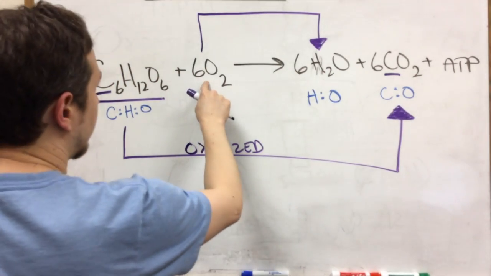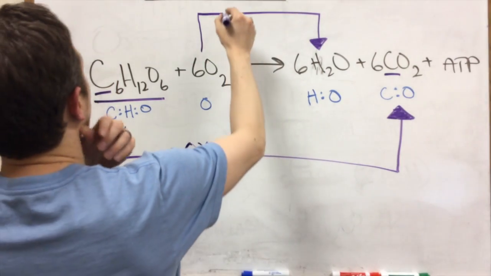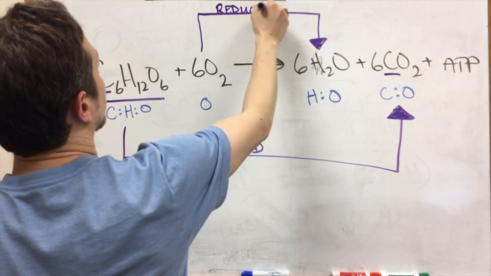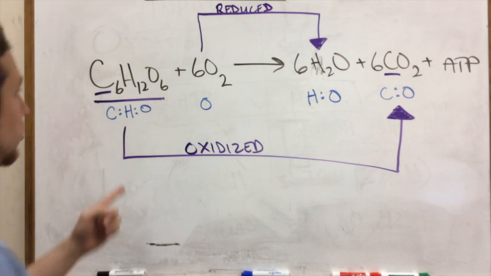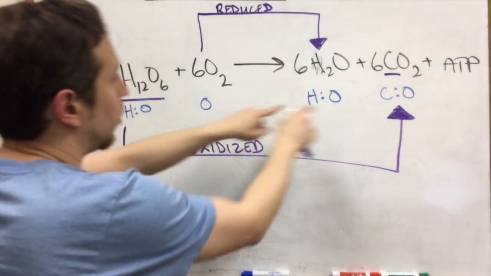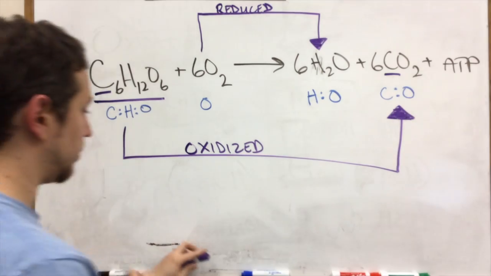Up here, oxygen, as it becomes water, gains hydrogen, so oxygen is reduced to water.